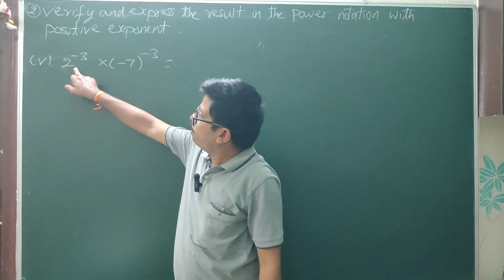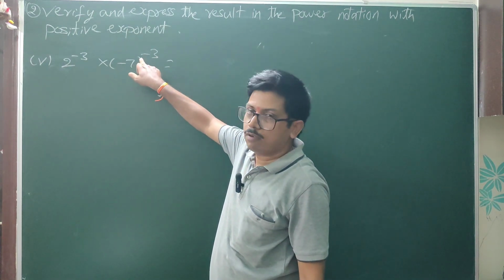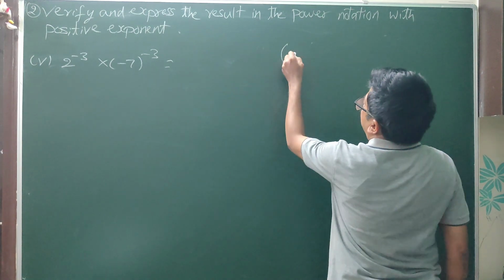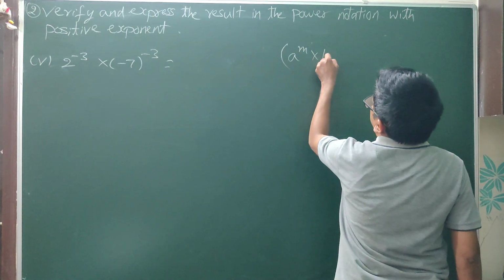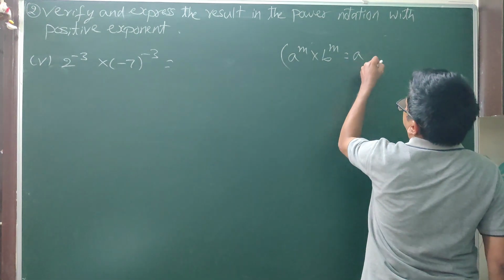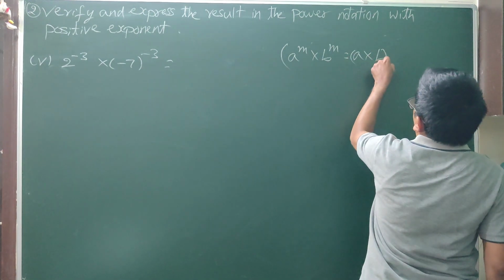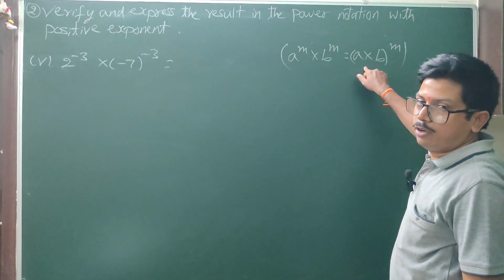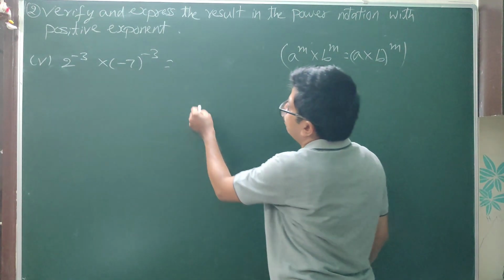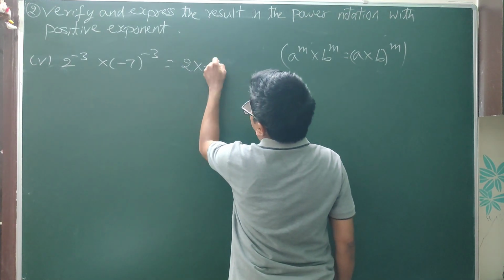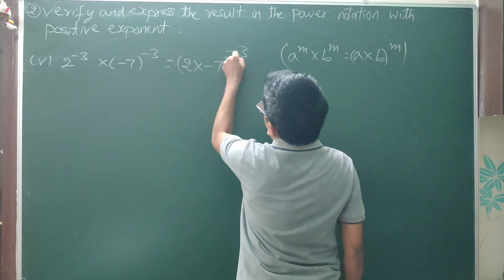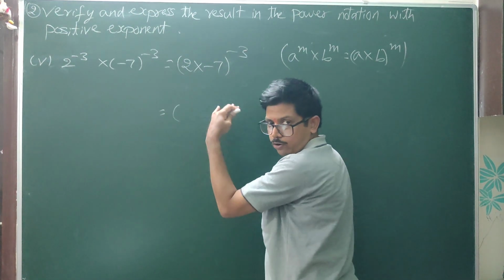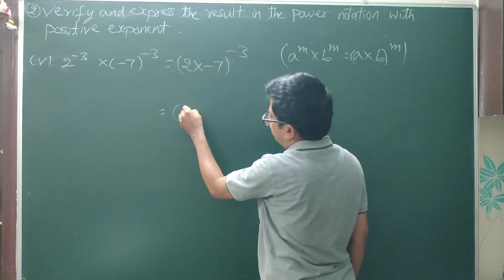In the question, 2 power minus 3 into minus 7 whole power minus 3. The formula is a power m into b power m equal to a into b whole power m. So 2 into minus 7 whole power minus 3. 2 sevens are 14, plus into minus is minus.